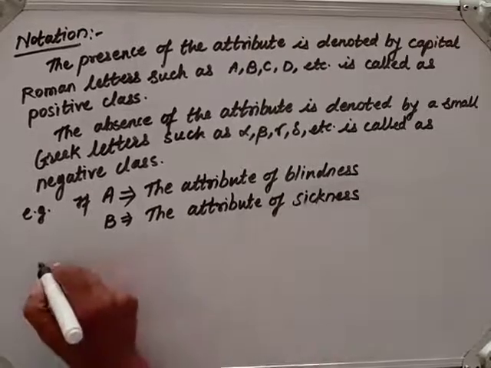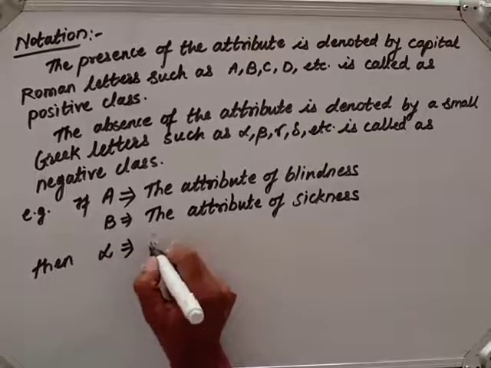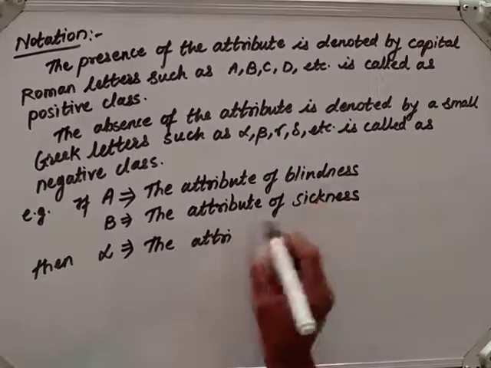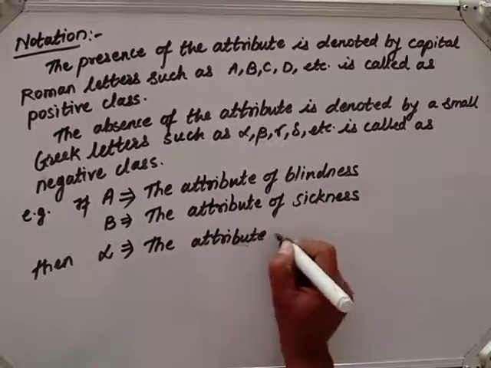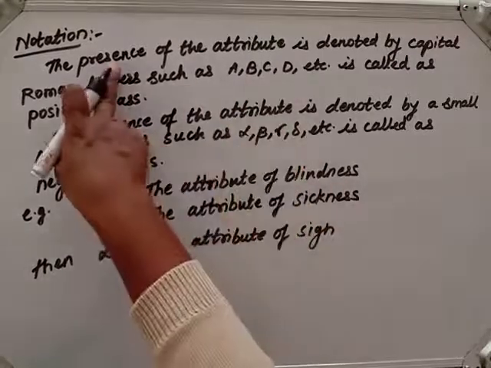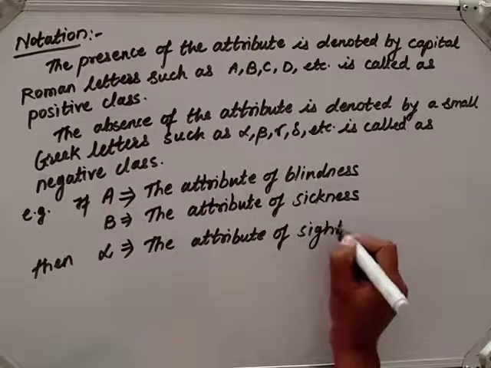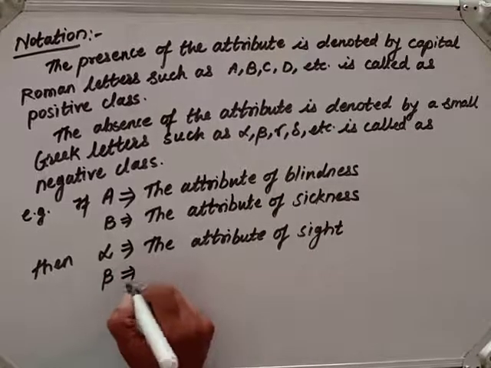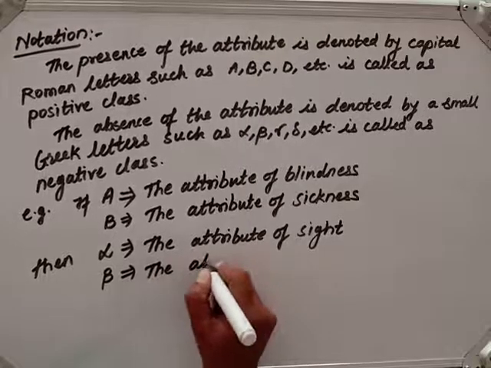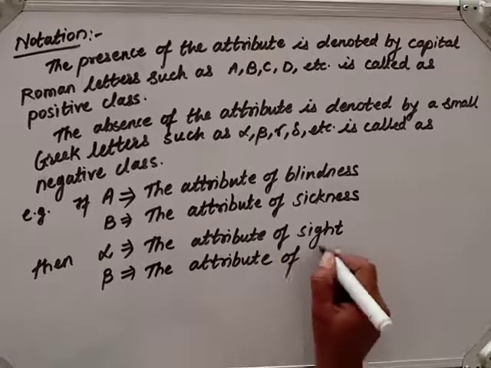Then obviously alpha must represent the opposite of this, the attribute of sight, because A, B, C, D are for the presence of the attribute. So A for blindness, so alpha must be for sight, and beta must be, now here the sickness, so beta should be the attribute of what? Health.